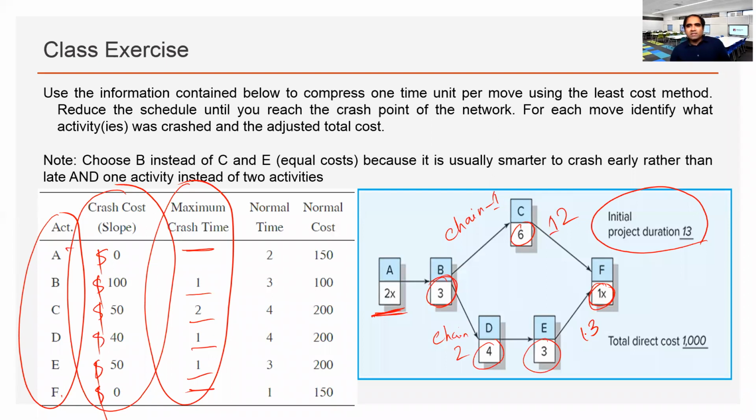Chain 2 is the longest duration with 13 days. This one is 12 days. So if we reduce any of the activity from B, D, E, that will help us in reducing the project duration.